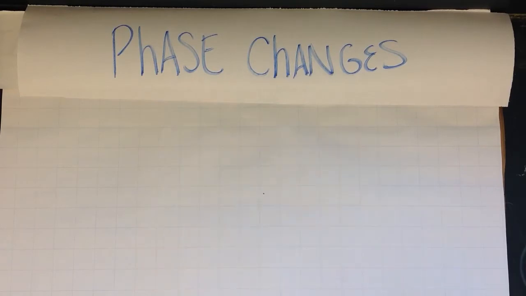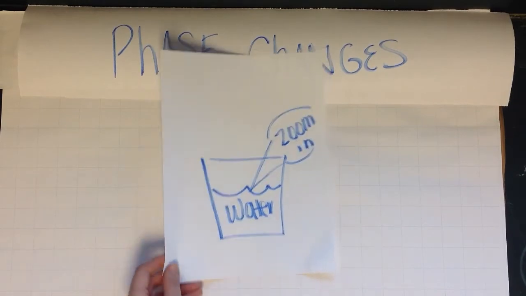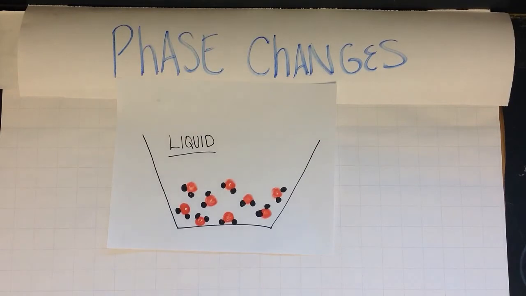So let's talk about what water is and what's going to happen. So let's zoom in on water and see what water looks like. So water, if you see here, now what's happened to these nice organized molecules?